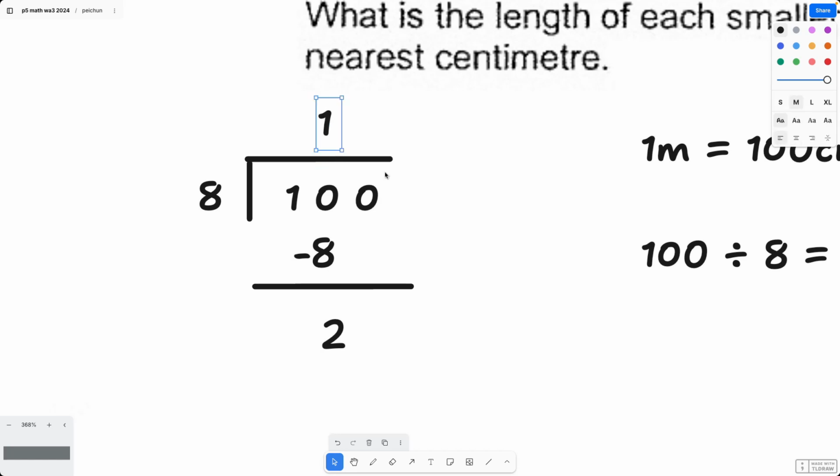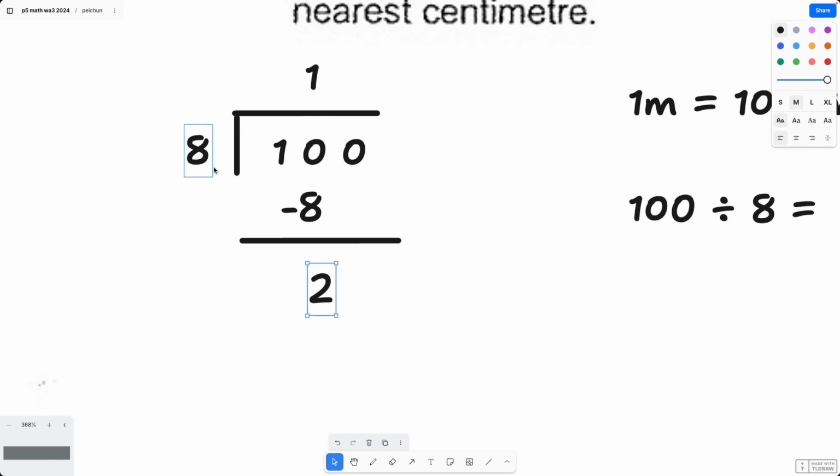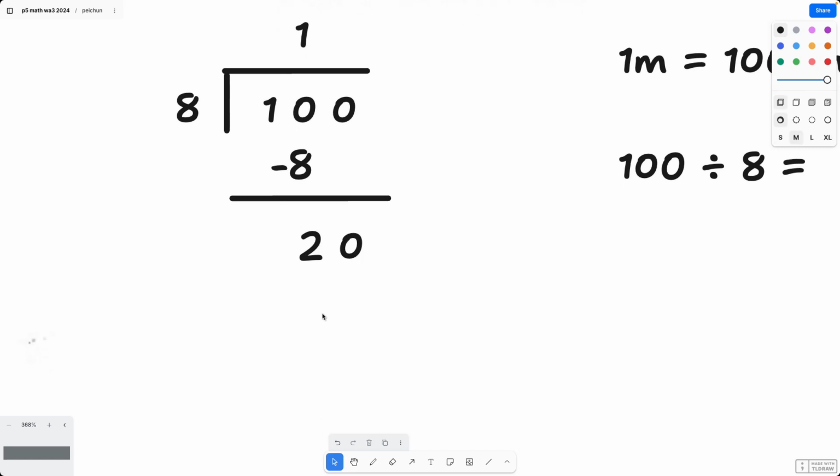So 1 times 8 is 8. So can 2 minus 8? No, right? So we need to bring down the number 0 as well. 20. So for 20, what is the closest multiple of 8 that we can minus off 20? If you have answered 16, then you're right. Not 24, 16. So that means this one will be 2.